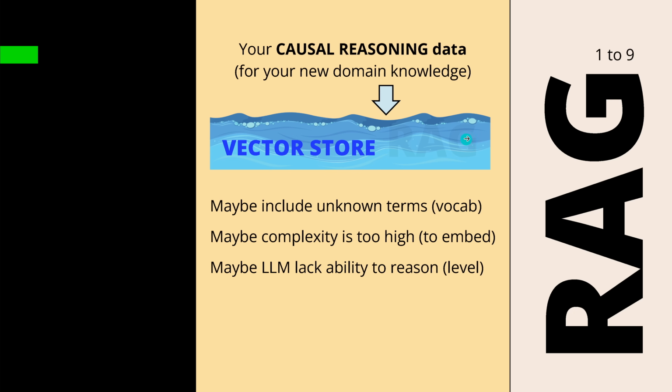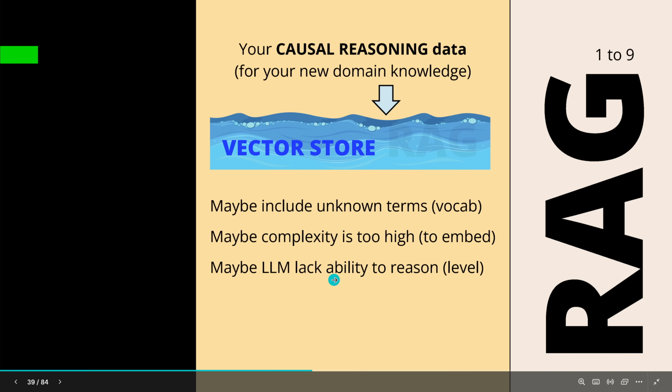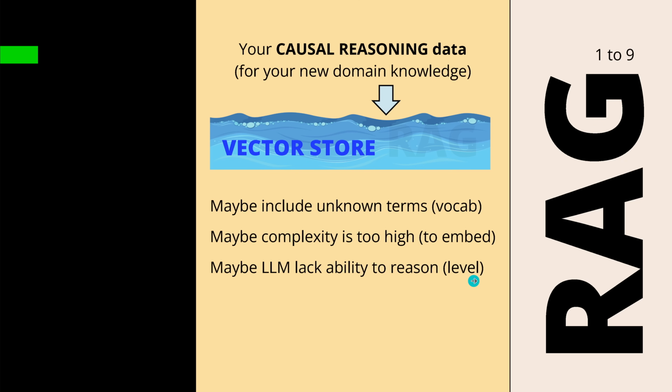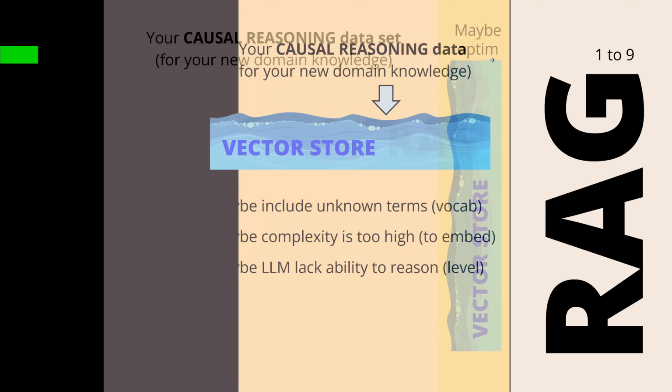Or maybe this LLM simply lacks the ability to reason at all or at your particular level. So you might say, so if I just dump here all my data into this vector store and I have here some LLM that generates here everything, maybe this is not a perfect solution.